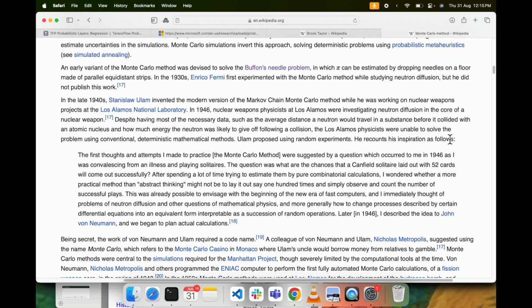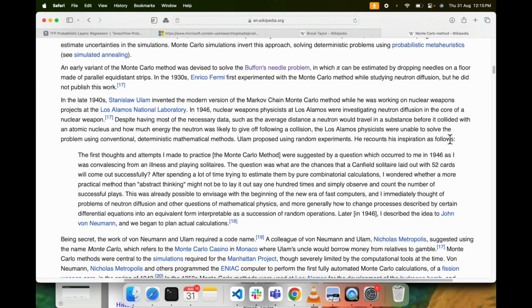If you know about F1 racing, does anyone here follow F1? There is also a track known as the Monte Carlo track, Monaco, I think. It's the same place, Canfield Solitaire, etc. But it's important to know that many of these things were initially set up during wartime, and they helped create a lot of the nuclear physics that we study these days.